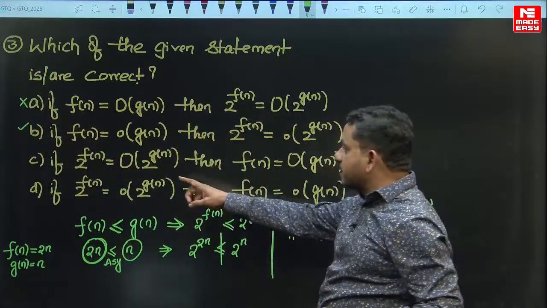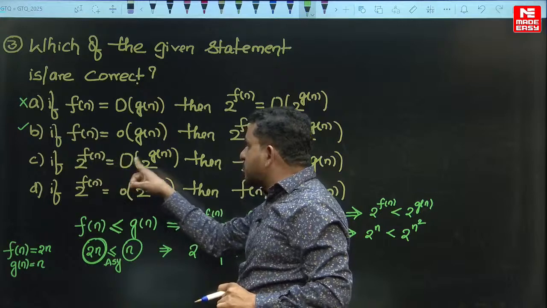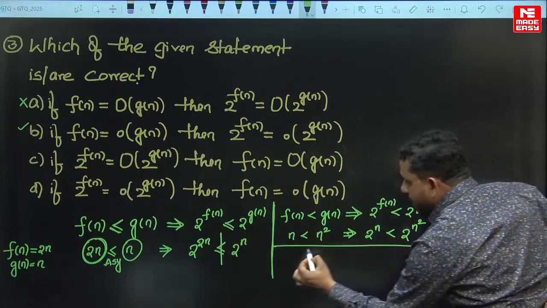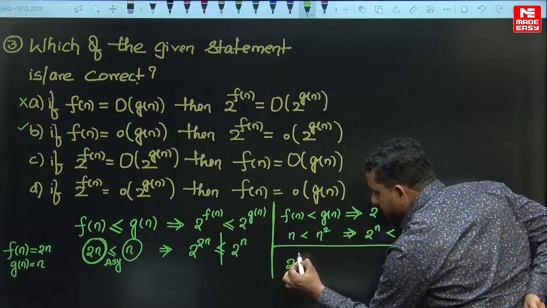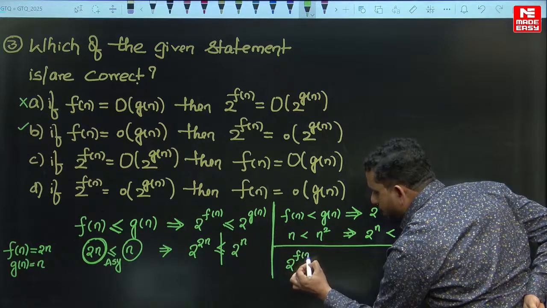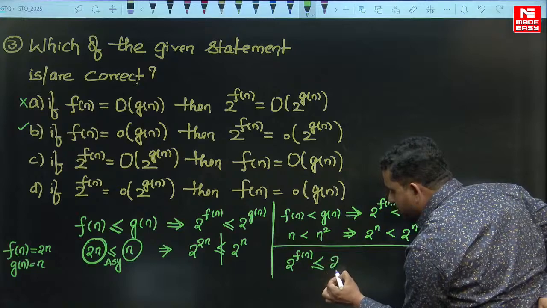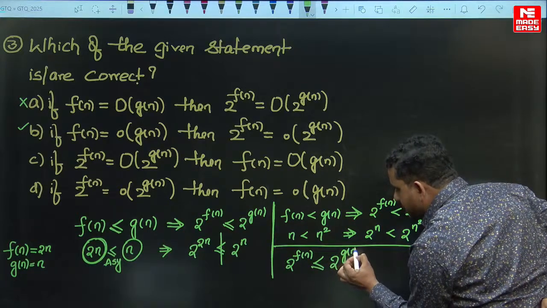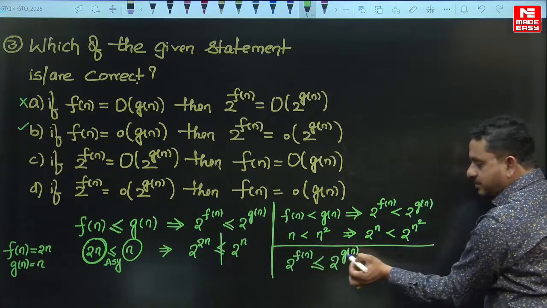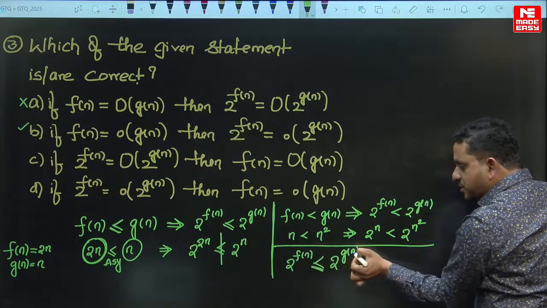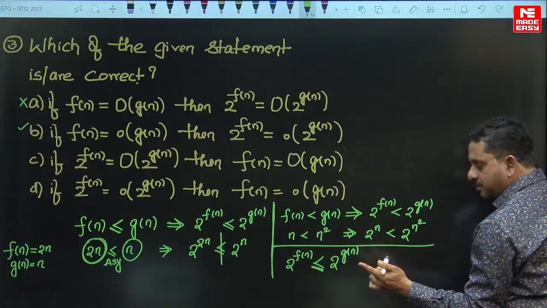Then the third statement, 2 power f of n big O of 2 power g of n, means less than or equal to 2 power g of n. See, f of n and g of n in the power side, to become asymptotically equal, f of n and g of n should be exactly the same.